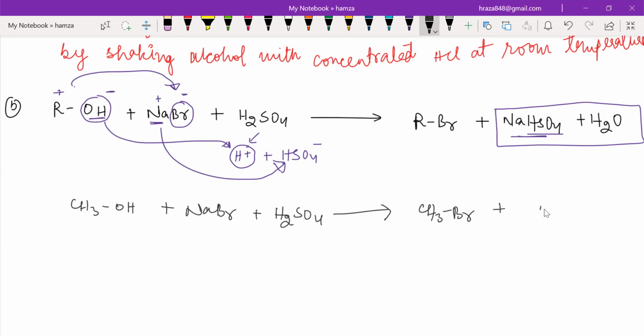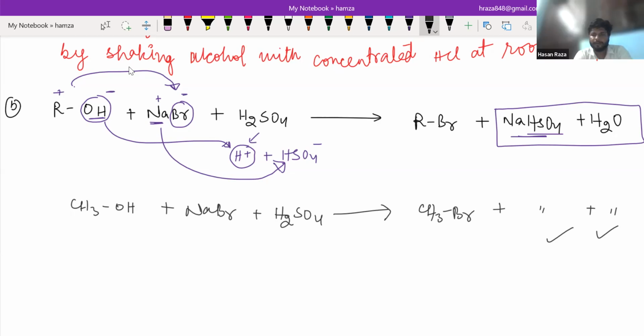And along with this, the byproducts are NaHSO4, sodium hydrogen sulfate, and water. Yes, sir. Finish.